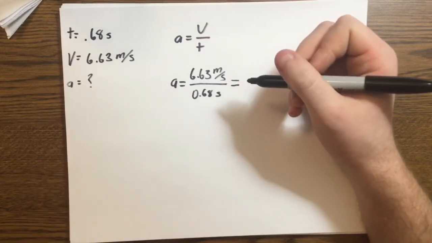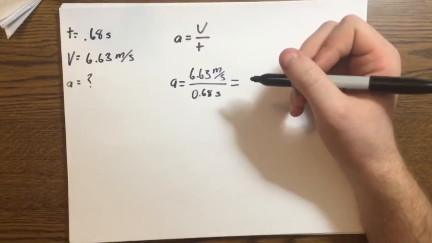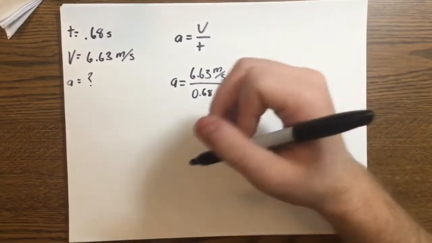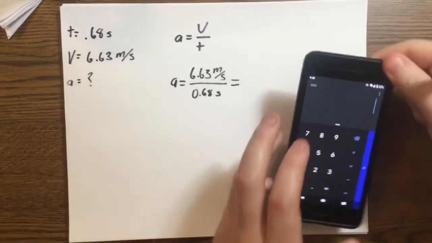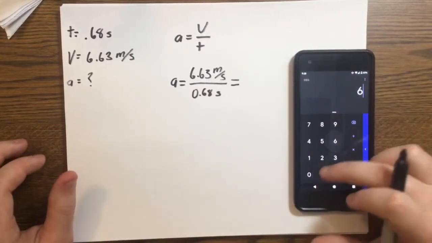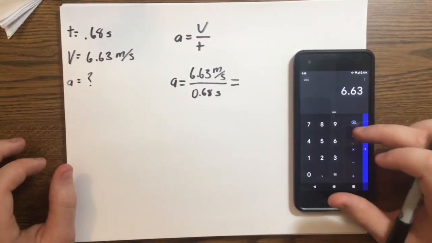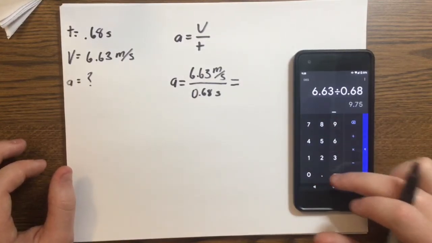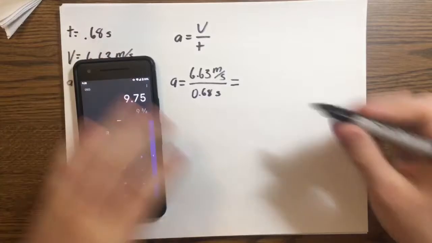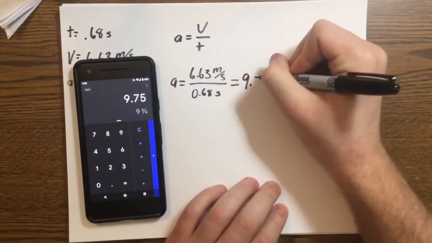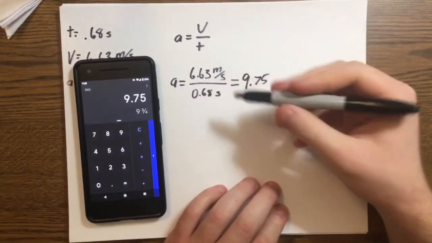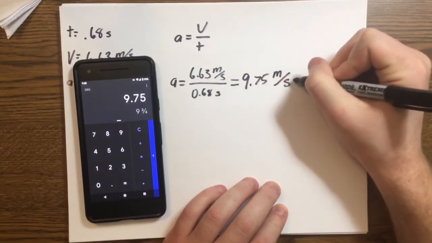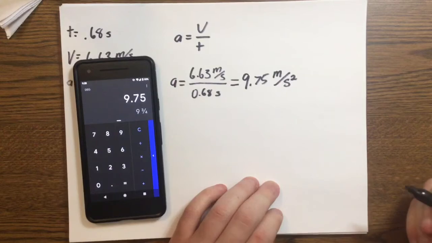I'm going to use a calculator because I can't do that in my head. Here we are. So 6.63 divided by 0.68. We get 9.75. And our units, remember, as we talked about before I did that, are meters per second squared.